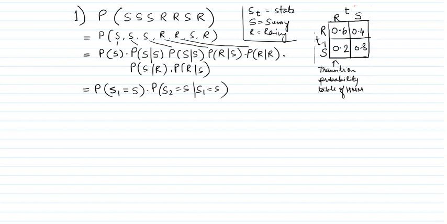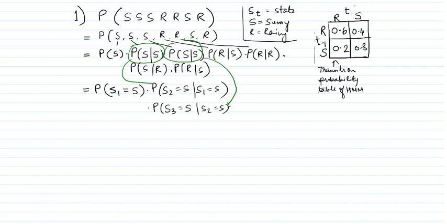So this term is corresponding to this. I may write out for the next one P of S3 is equal to S given S2 is equal to S. So this is corresponding to this one.